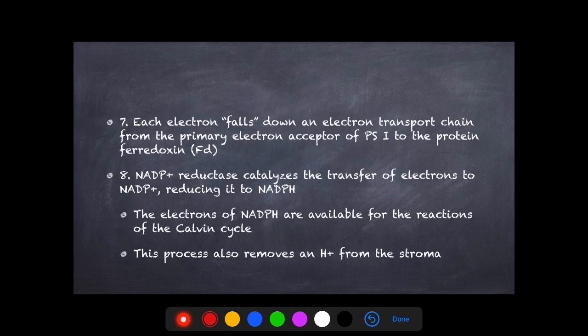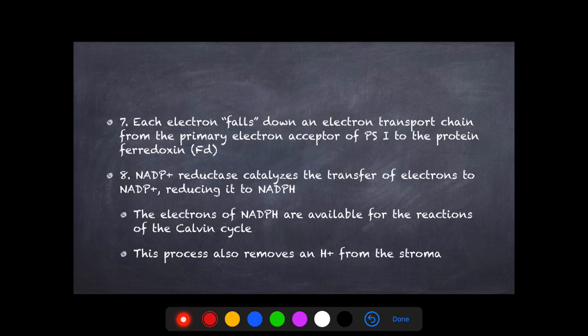Then you're going to have a protein coenzyme called NADP plus reductase, which is going to catalyze the electrons from the electron transport chain to reduce NADP plus to NADPH. So this is going to take the hydrogen from the stroma, which is like that cytoplasm material in the chloroplast, and be used in the Calvin cycle.